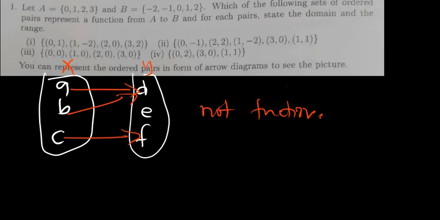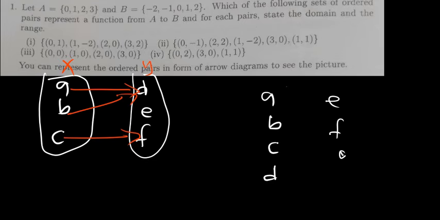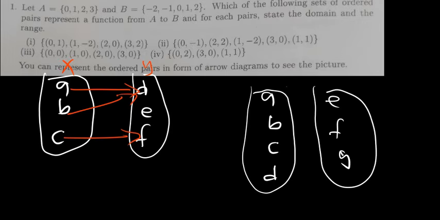But the opposite is true. What do I mean? If I come across any function that is like this, a, b, c, d, e, f, g, let's now look at this. If this is my x, this is my y.